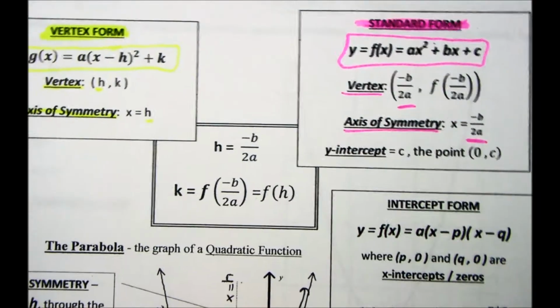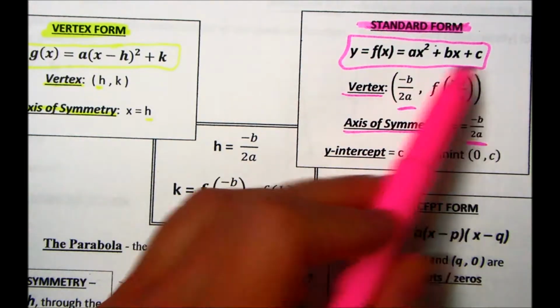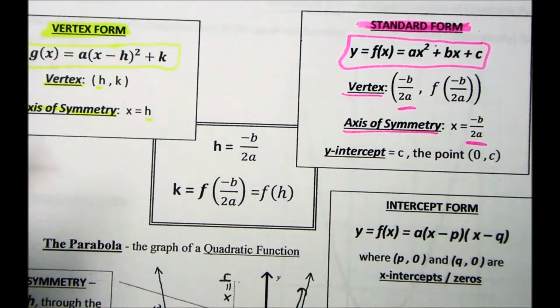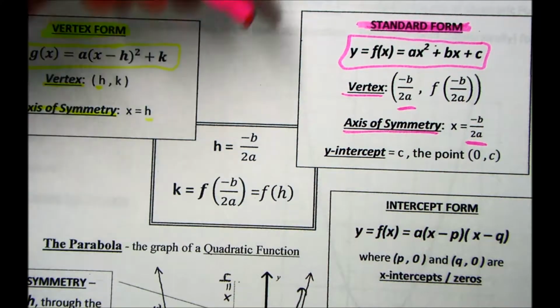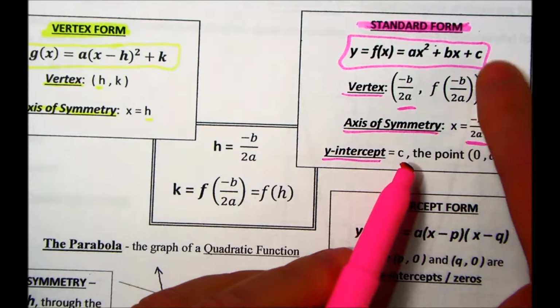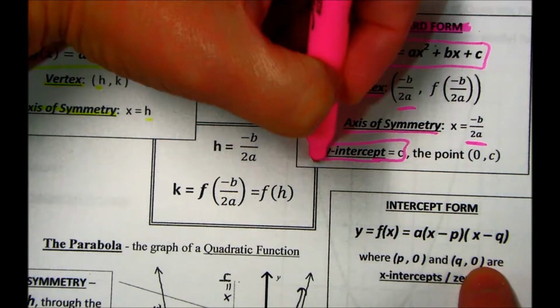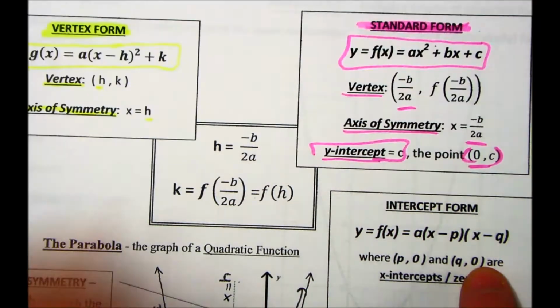The other piece of standard form that's convenient is that when the quadratic function is in standard form, the y-intercept is the constant. The y-intercept is equal to c, which is the point (0, c).